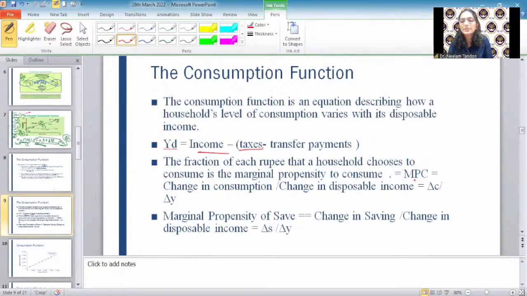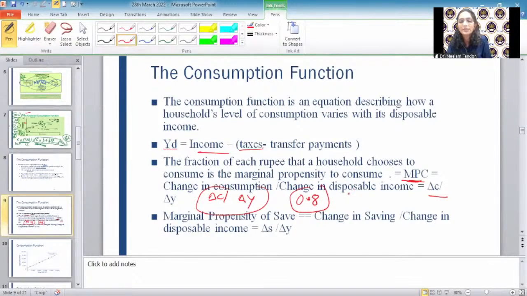What is MPC? Marginal propensity to consume. Change in consumption to change in income. This is MPC, a fraction. If I write MPC value as 0.8, what does it mean?